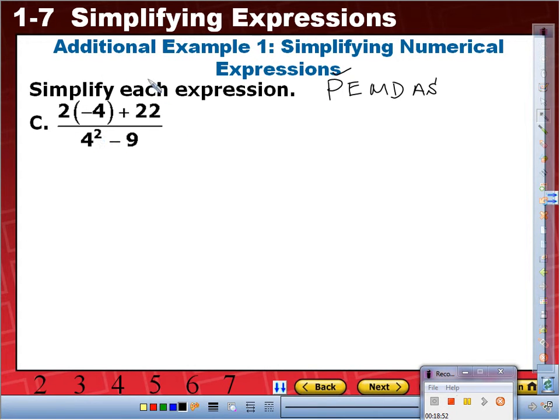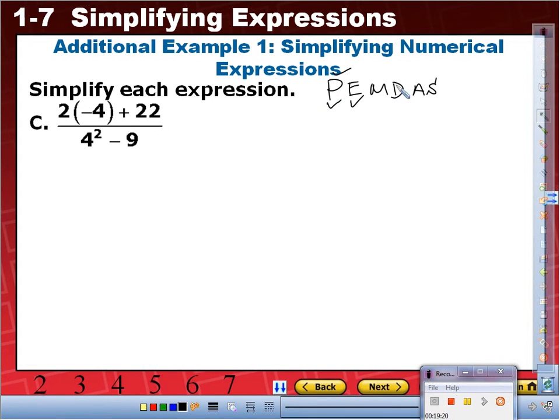That tells me to do one section first all the way till it's simplified. Everybody with me? So I'm going to start with the numerator first. Now that I'm at the numerator, I'm going to start again. I'm going to scan through this and ask, do I have any parentheses in the numerator? Yes, but can we do anything to simplify it anymore? No. Let me go to the next one. Do I have any exponents in the numerator?